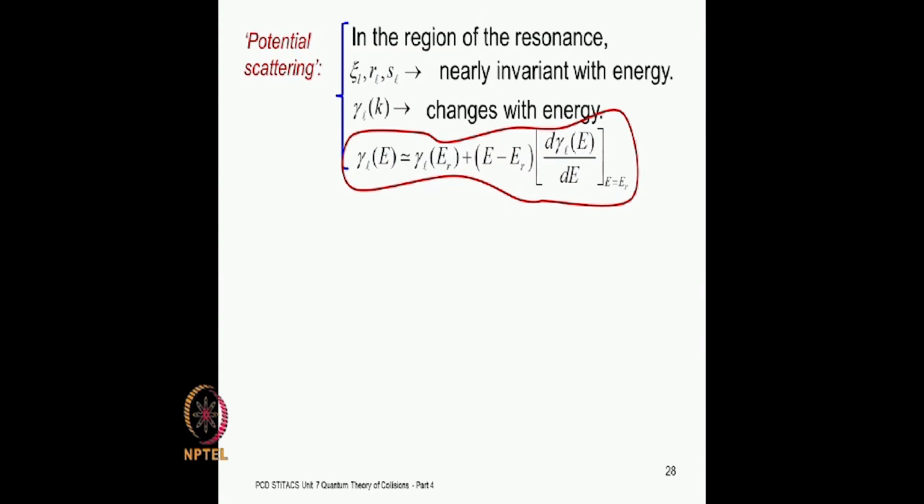So, this is the expansion of gamma. This is the first order change in gamma that you will need to consider when you deal with potentials other than the square well potential.